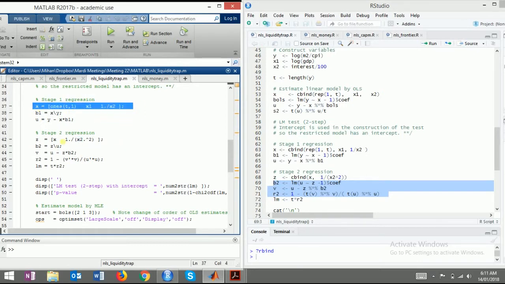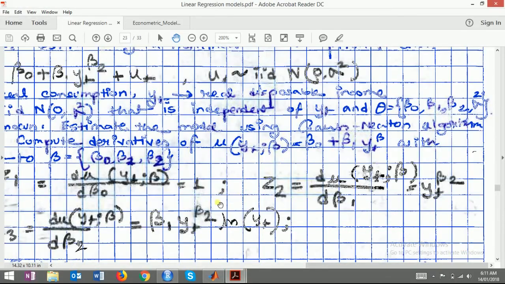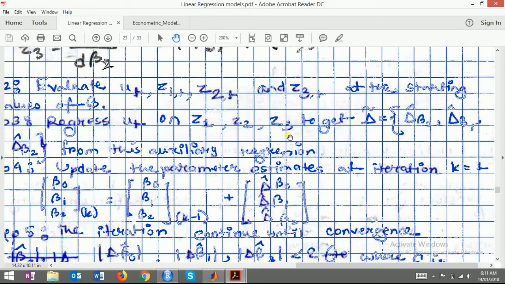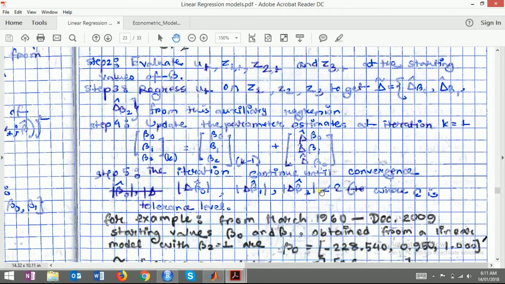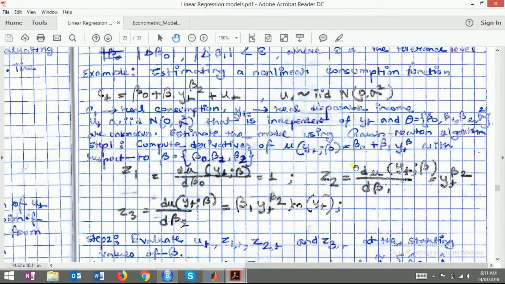Then in stage 2 we are focusing not on the ones anymore, but on beta 2 and beta 3. And then we evaluate ut, and then we update delta. So first the function, then we do yt beta 2, then log of yt.